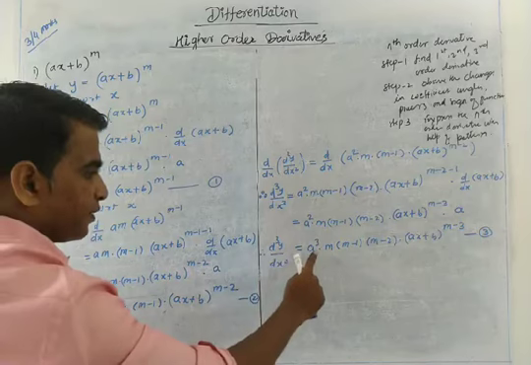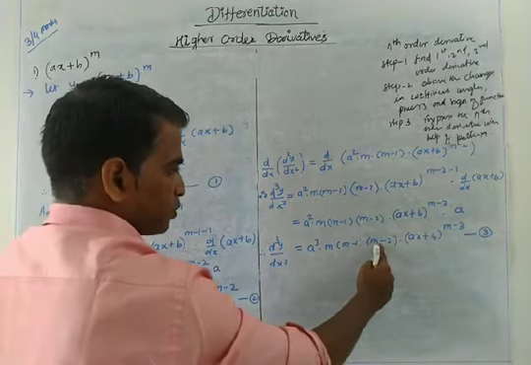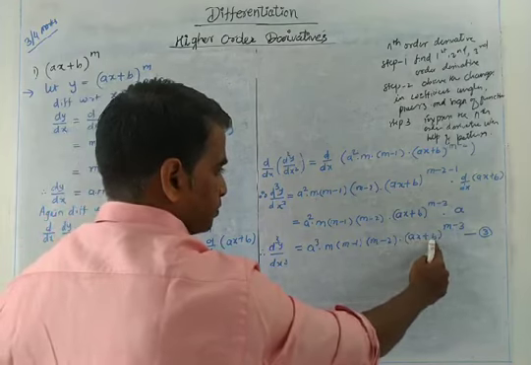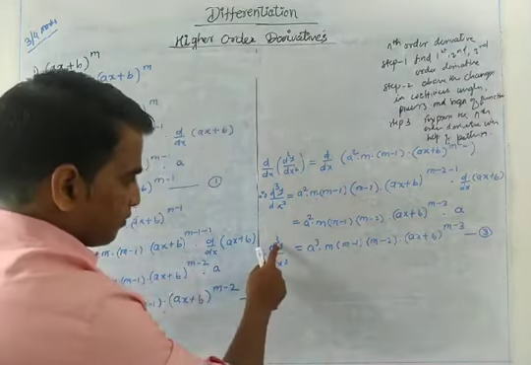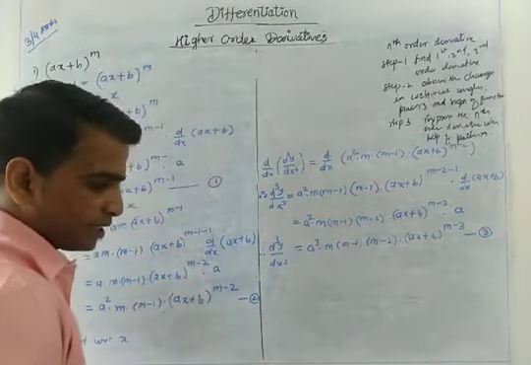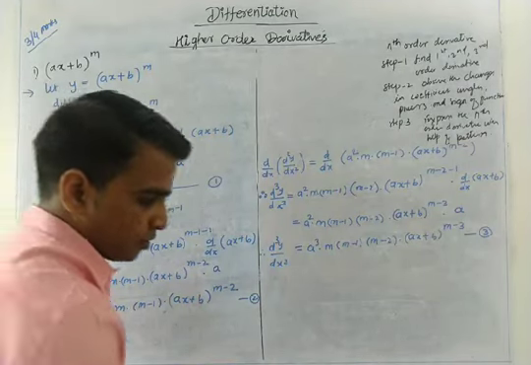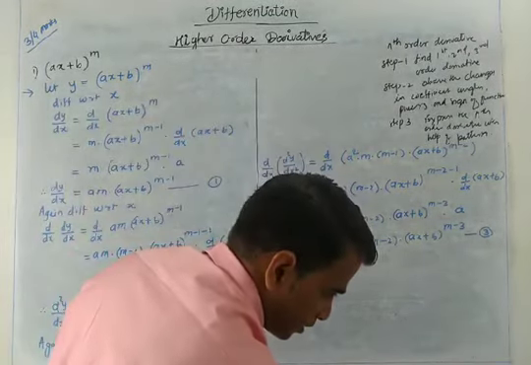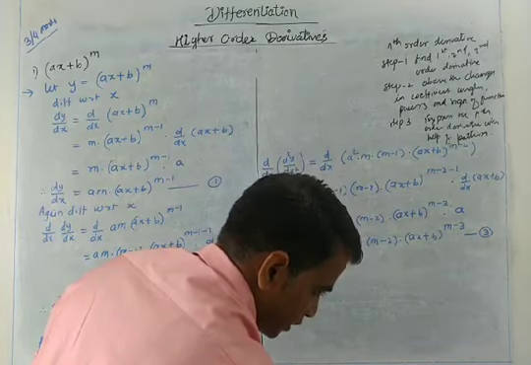For the third derivative, a cube m into m minus 1 into m minus 2 into (ax + b) raised to m minus 3. So see, the power of a is the same as the order, and the terms are increased. So we have to understand that pattern. Is it clear?